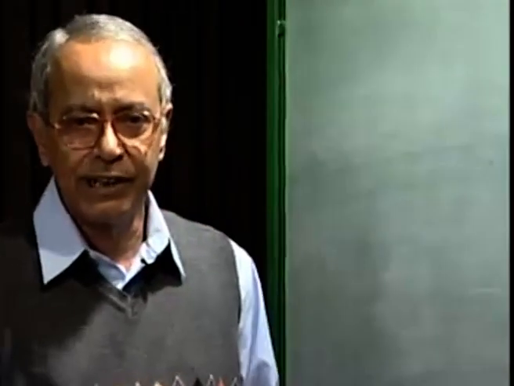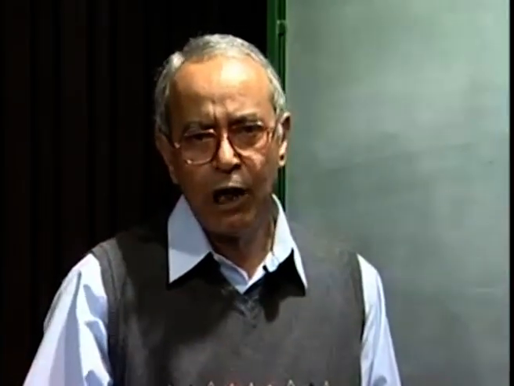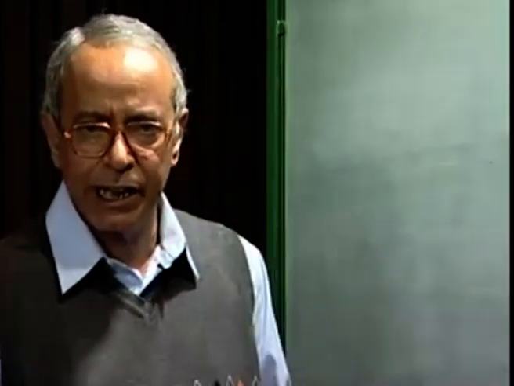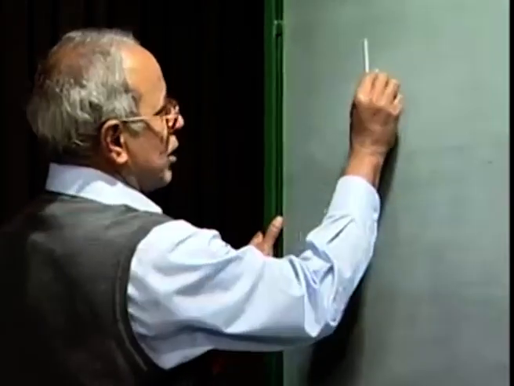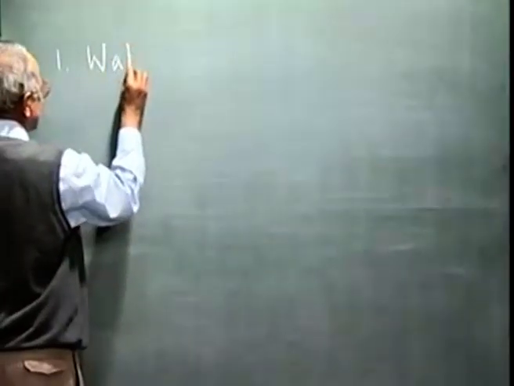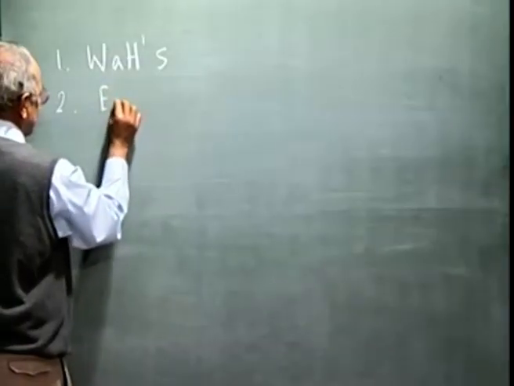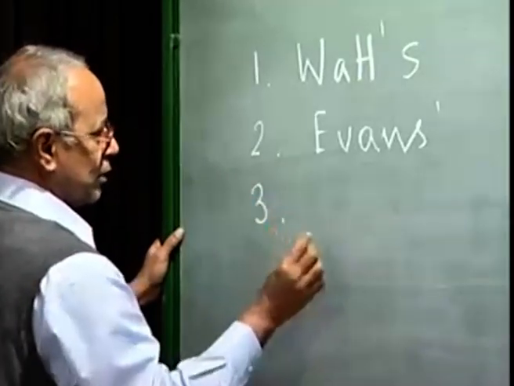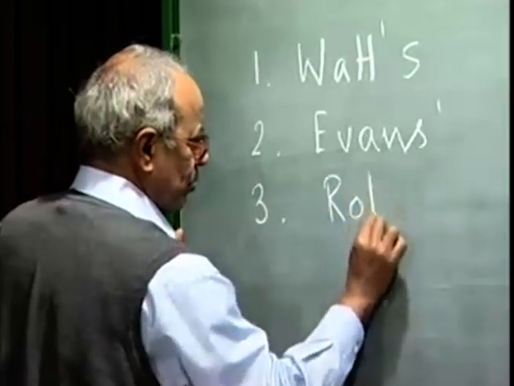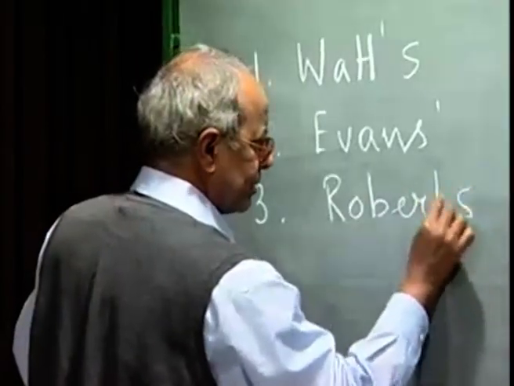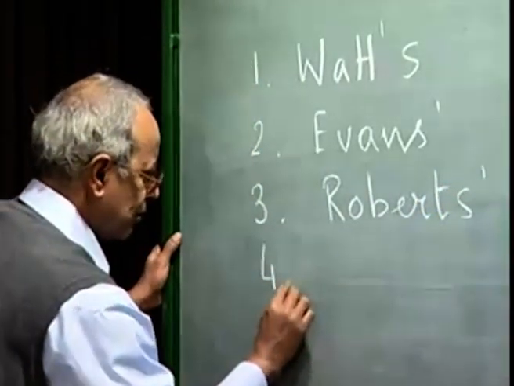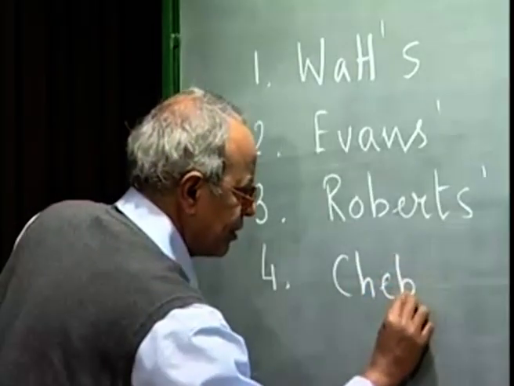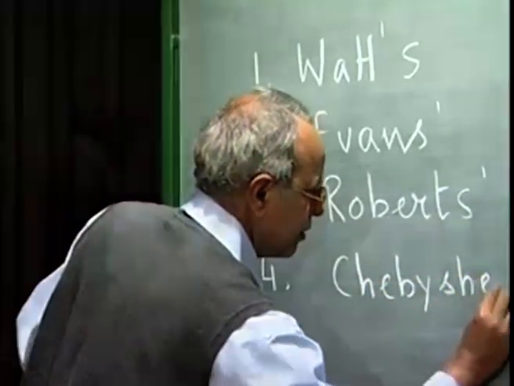So far we have discussed 4 different 4R linkages which are all capable of generating approximate straight line mechanisms. They were in order: one was called Watt's linkage or Watt's mechanism. Then we discussed Evans mechanism. Third one we discussed was Roberts mechanism, and the last one was Chebyshev's mechanism.